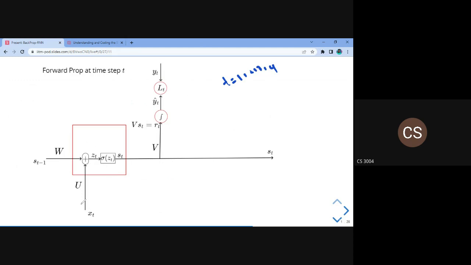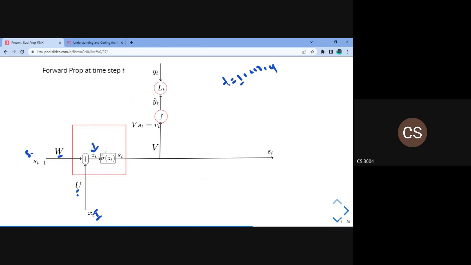At the first time step t is equal to 1, my input word is going to be I. So I have a representation for I, then it gets multiplied with the matrix U, and then I have an input state vector. I initialize the input state vector S0, and then that gets multiplied with W. This is a matrix vector multiplication. This is also a matrix vector multiplication. I store the result in z.